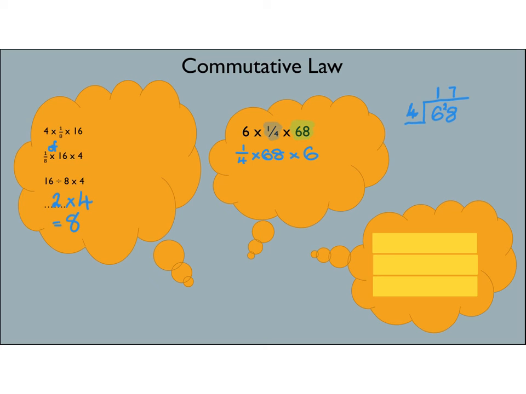That's helped me to decide which way to do my sum. I've reordered my multiplication and changed it to a quarter times 68 times 6. Remember, that means the same as a quarter of 68.